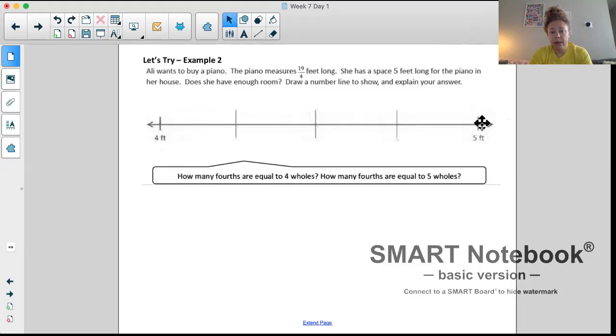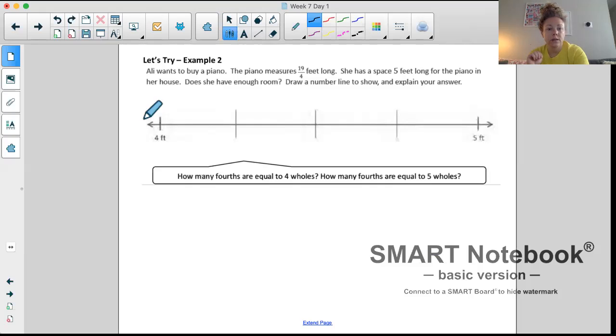We need to skip count by 4 times because 1 whole would be 4 fourths, 2 wholes, 8 fourths, 3 wholes, 12 fourths, 4 wholes would be 16 fourths. So we will label that endpoint like this, 16 fourths.